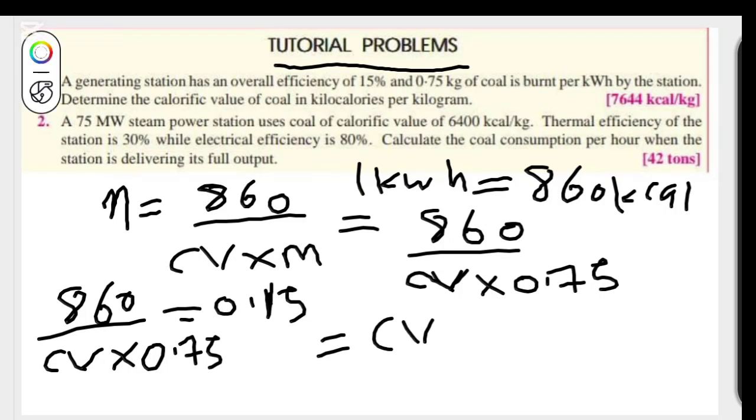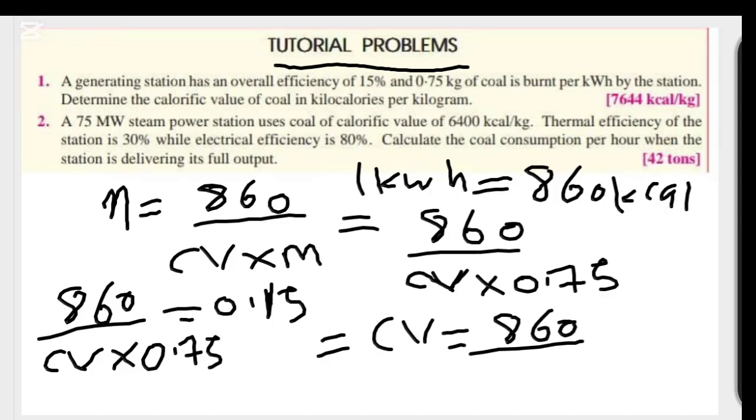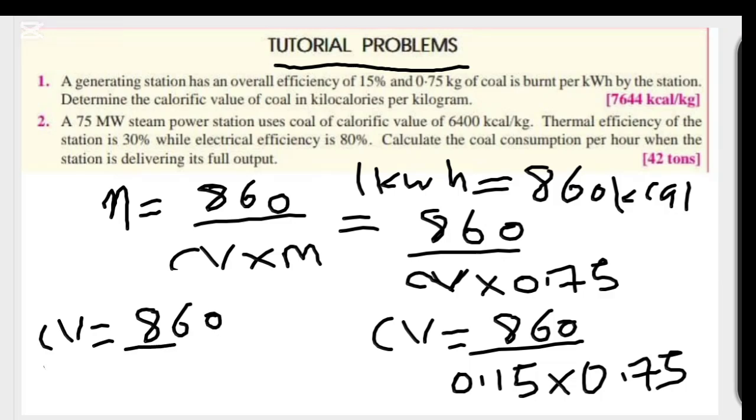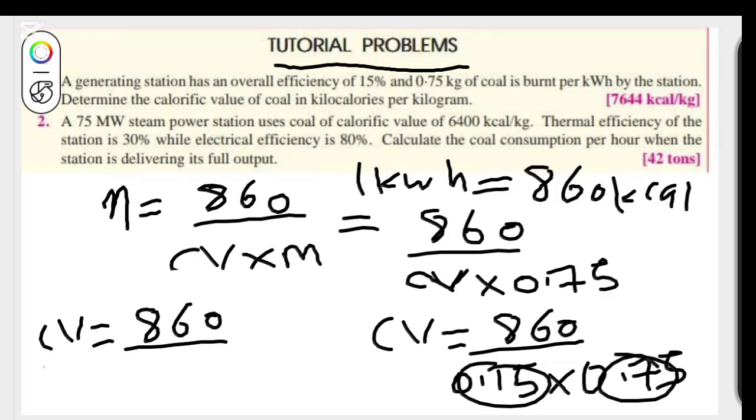At the end, I will say CV is the same thing as 860 divided by 0.15 multiplied by 0.75.